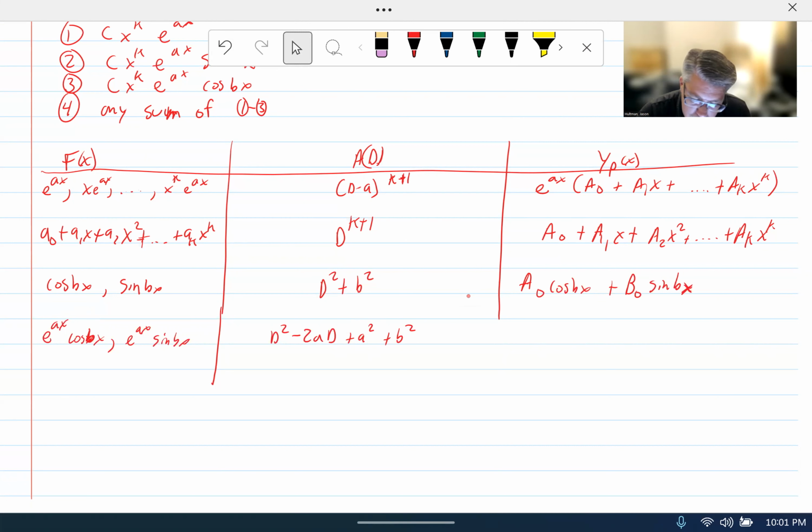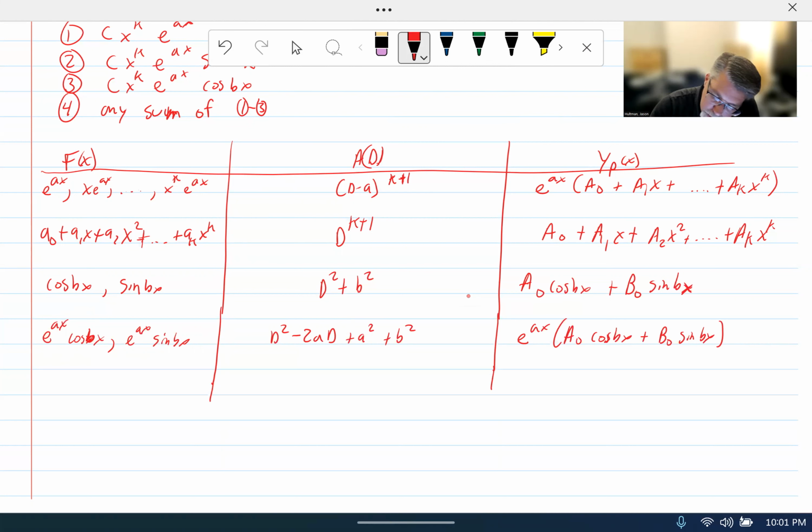Interesting. So it's basically D minus a, quantity squared, plus b squared. And then the particular solution that I'm going to choose to use is e to the ax times a naught cosine bx plus b naught sine bx.